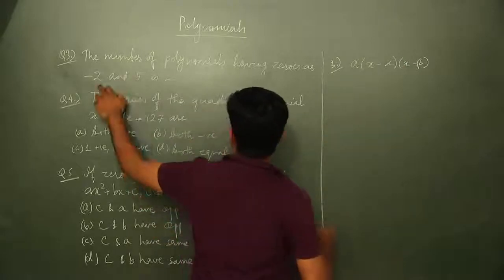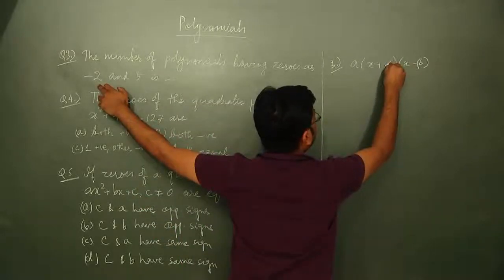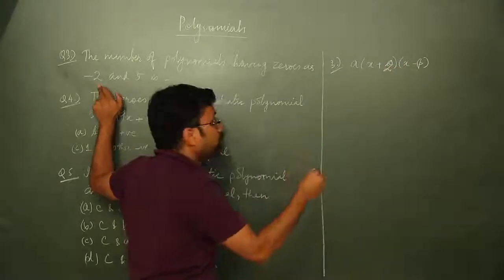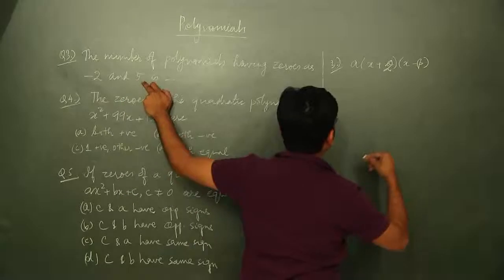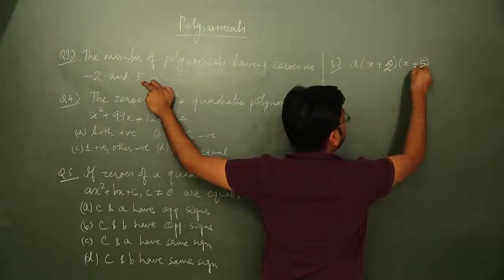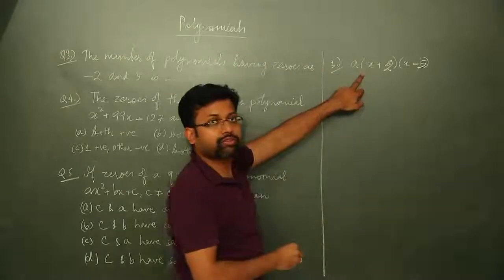So instead of alpha we have -2, so this will become +2 here, because it was minus alpha, so minus -2 will be +2, and instead of beta we replace it by 5. So this will be the standard form.